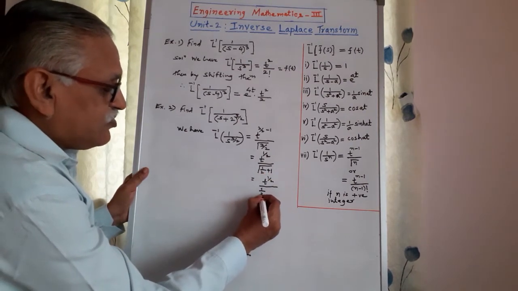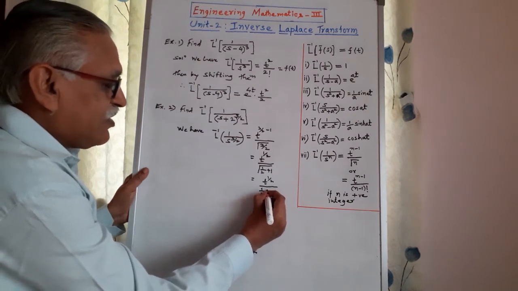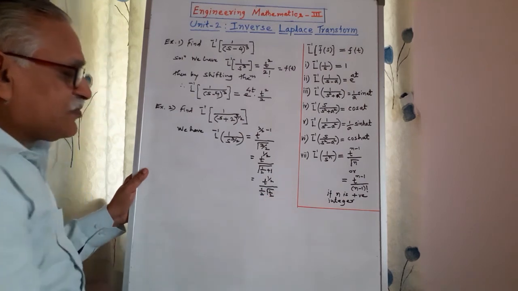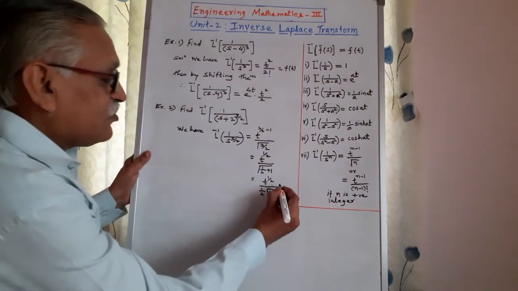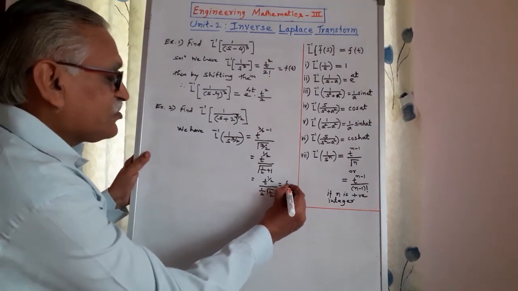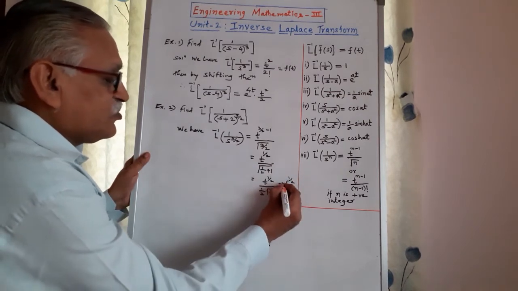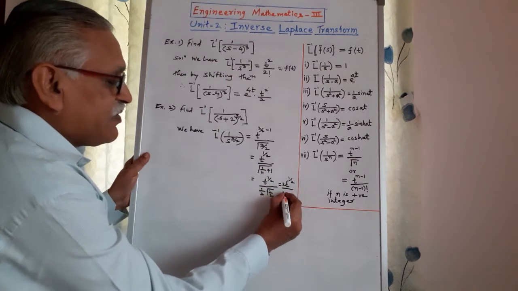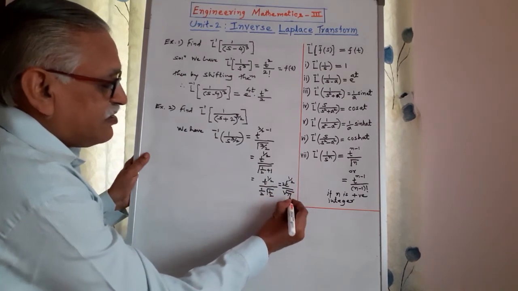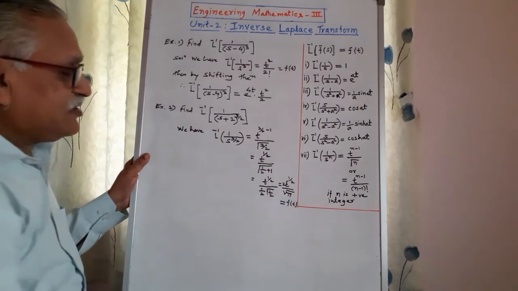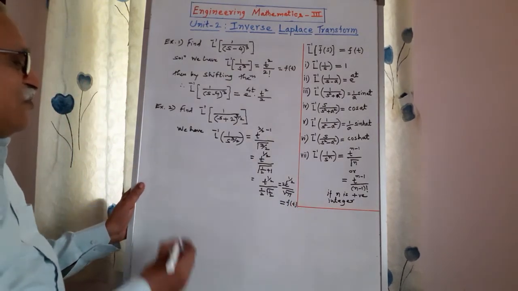The value of gamma 1 by 2 is root pi, and therefore it is t raised to 1 by 2, this 2 goes to the numerator, divided by root pi, and we call this f of t.